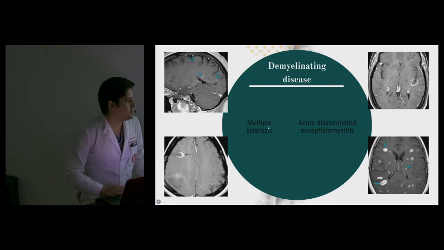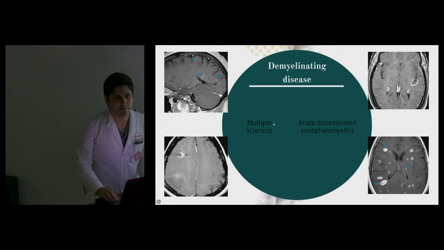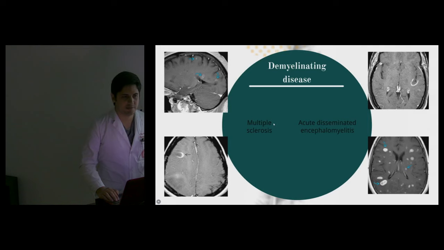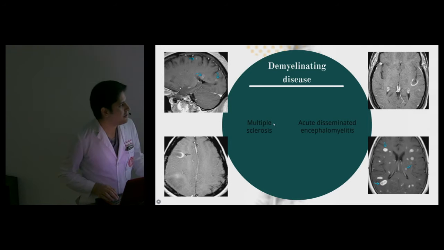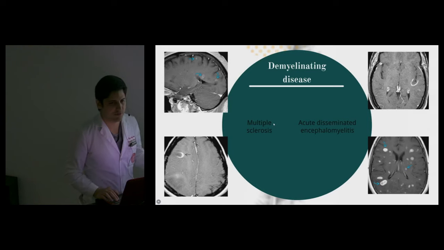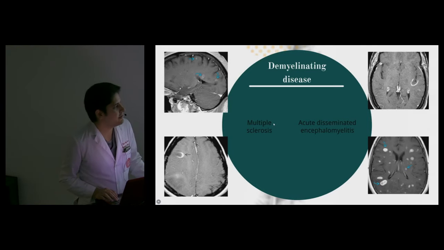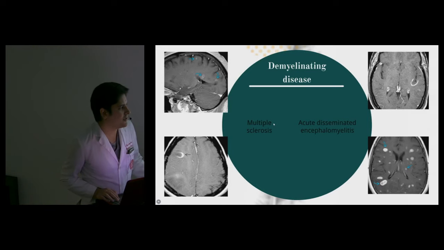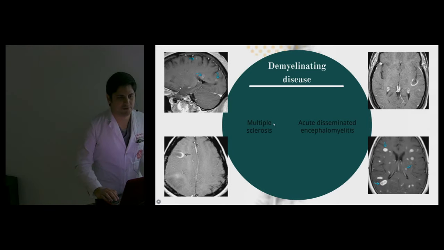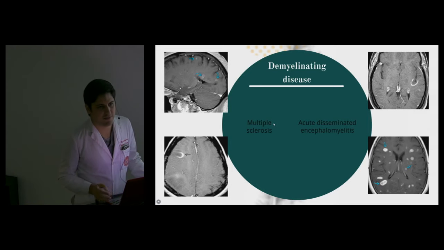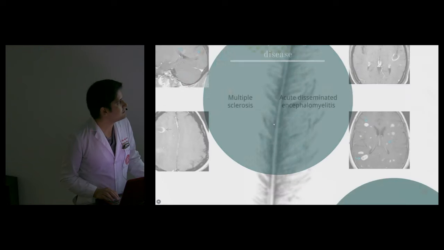In multiple sclerosis, you could see multiple lesions, some enhancing, some not enhancing, because of the multiple stages of the disease. And in acute disseminated encephalomyelitis, it is important to have a history of previous vaccination or a viral infection.